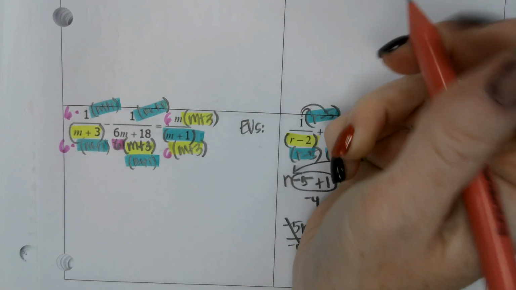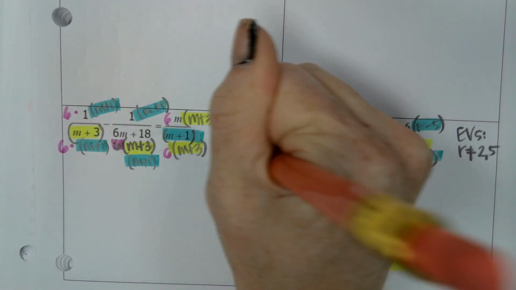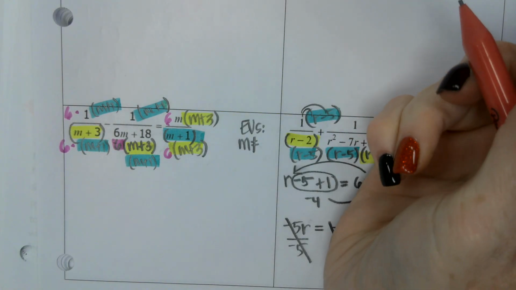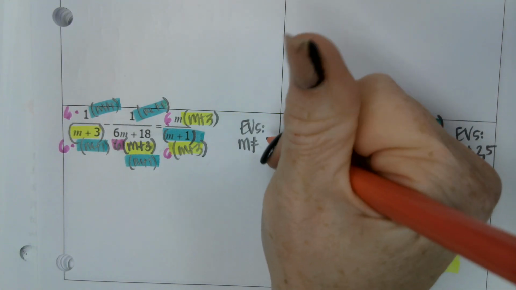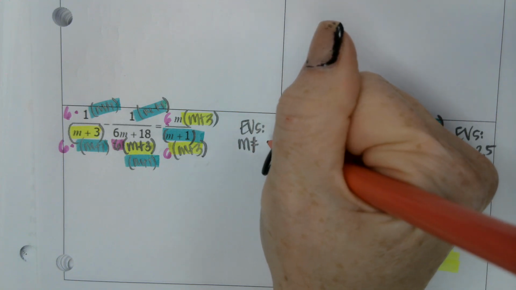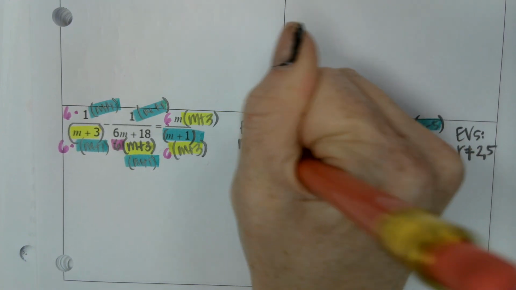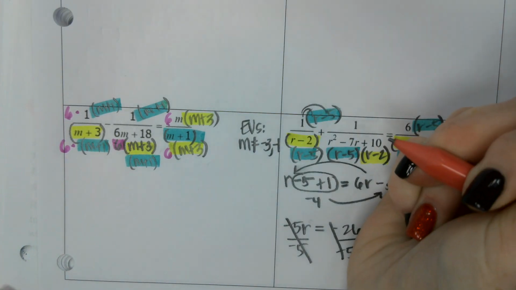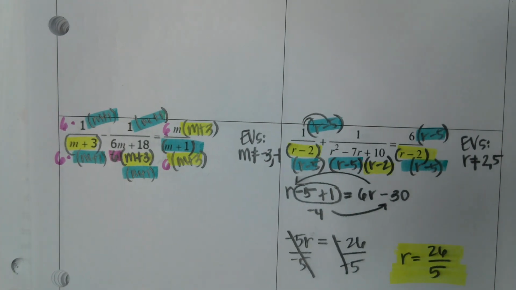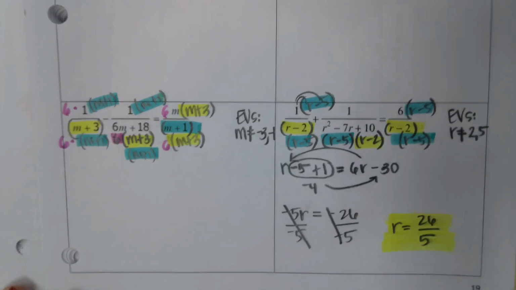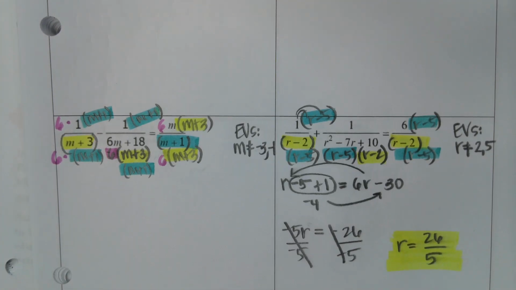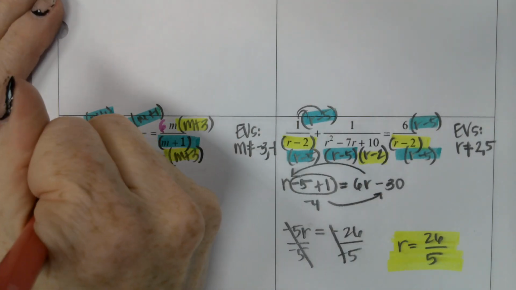Okay? What are my excluded values here? m cannot equal -3 or -1. Okay, so I know in the end, if I get -3 or -1, I just have to cancel that out, okay? So let's see.